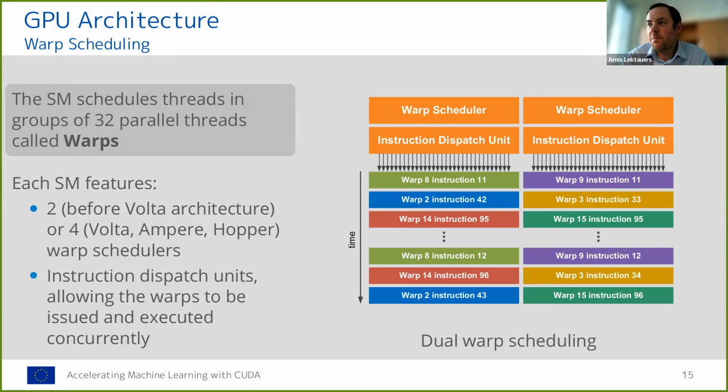And what is a warp? That is one term related to CUDA technology. Every 32 threads are always grouped in a group called a warp. That is a specific term for CUDA technology.